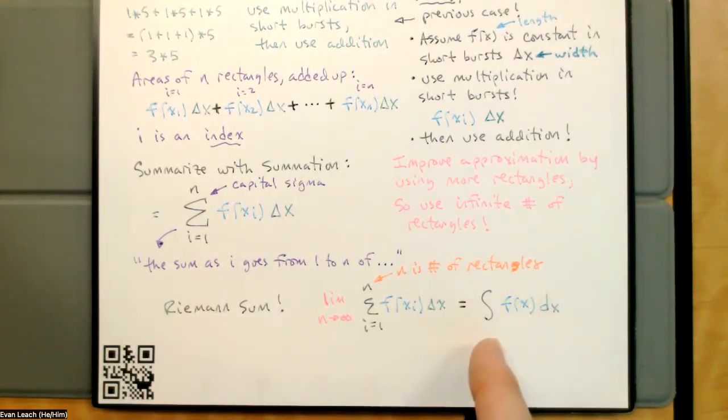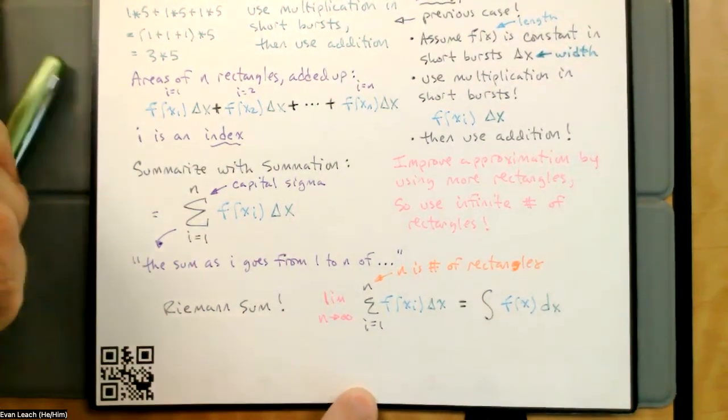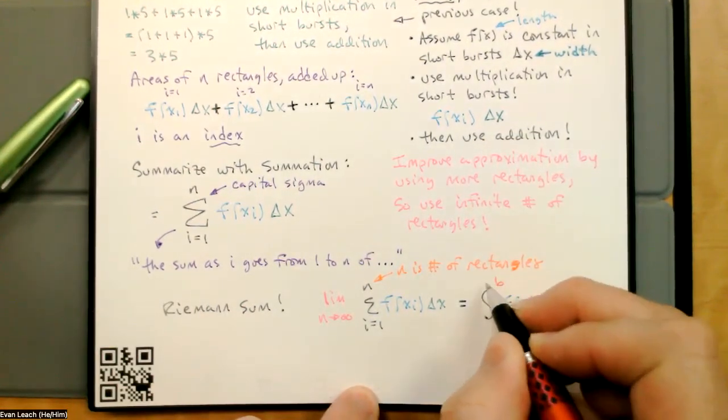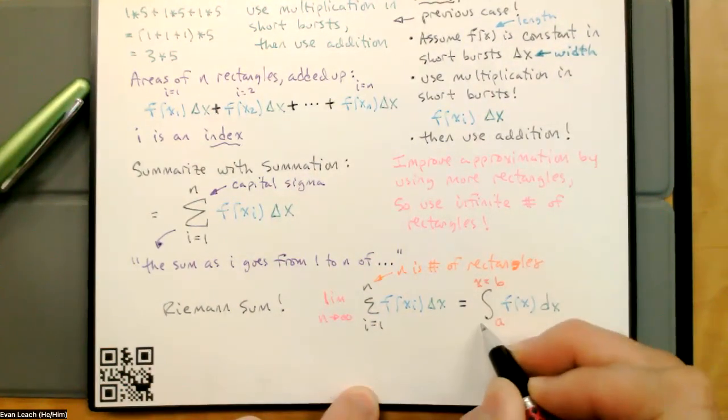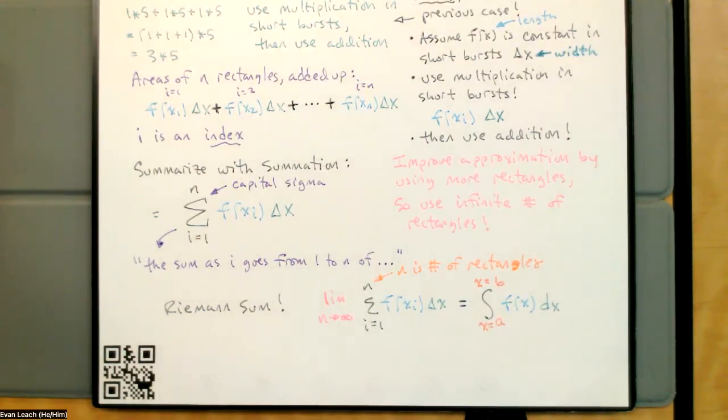Now over here in the integral part, since there's no index, that's not what this is going to represent. So here we're going to write the integral from a to b. And these are values of x. Those are the endpoints of the interval on the x-axis.